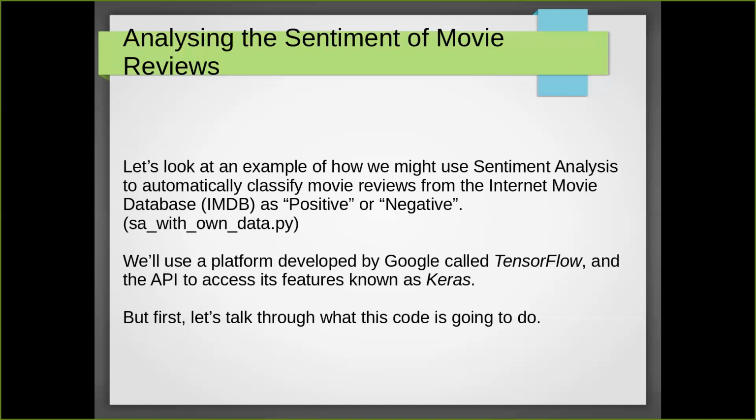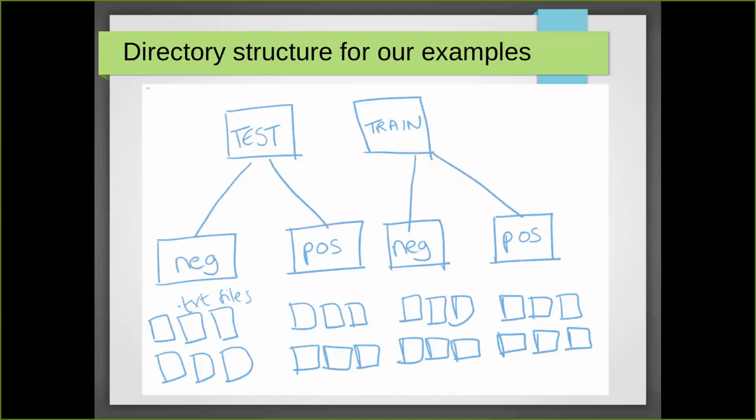And before I show you the code, let's just remind ourselves of all the bits that are important here, and essentially what this code is doing. So the first thing that we're going to do in this code is set up a directory structure for our text.